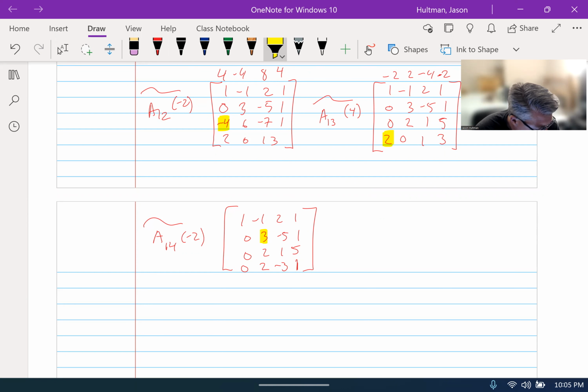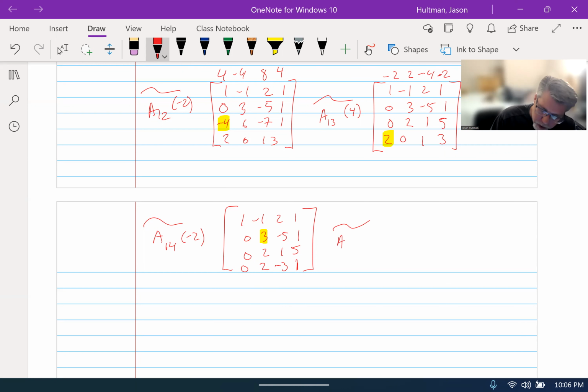So if I multiply row 3 by -1, and add that to row 2, then that's going to give me 3 plus -2, which is my 1. Let's do that.